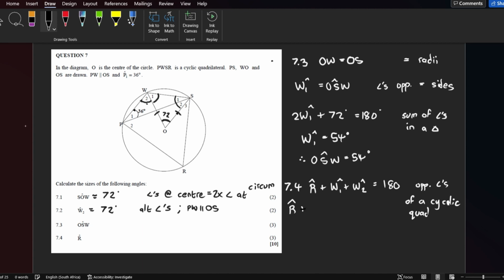So we know that W1 is 54 degrees, we know that W2 is 72 degrees, and that will equal to 180. So when making R the subject of the formula, we will get R to equal 54 degrees. And we have now solved for all the angles that the question has asked us.